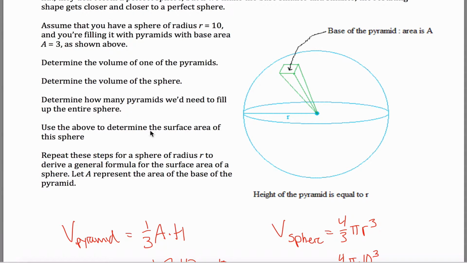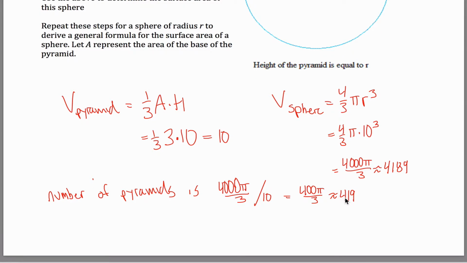So how can you figure out the surface area of the sphere? Well, it's the number of pyramids times whatever their base is. Their base in this case is 3. So the surface area of the sphere is equal to 400 pi divided by 3 times the base area of this pyramid, which is 3.